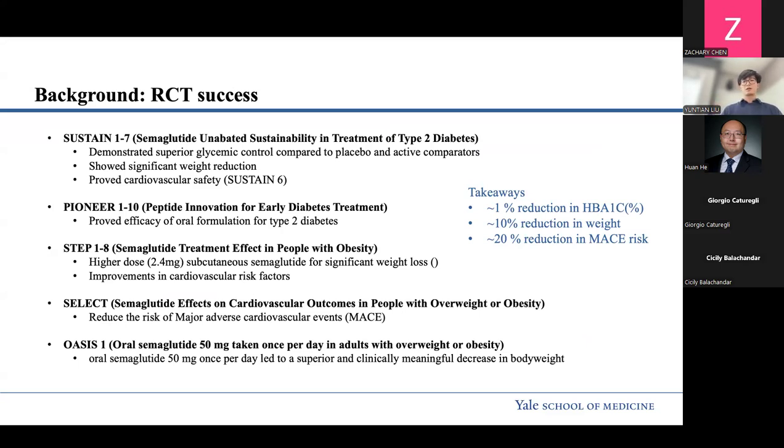And there are also some higher dose semaglutide formulations.